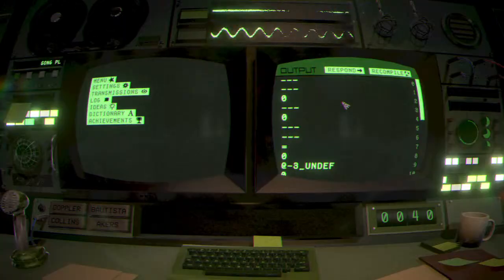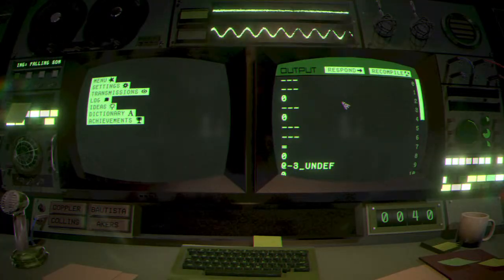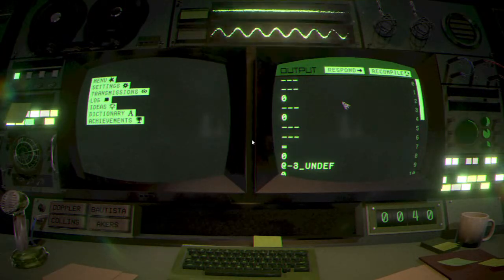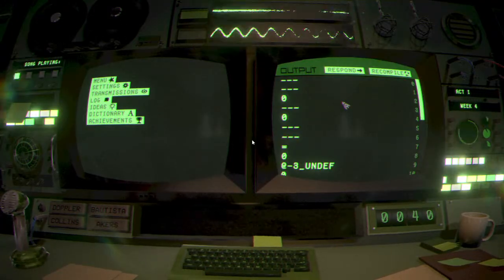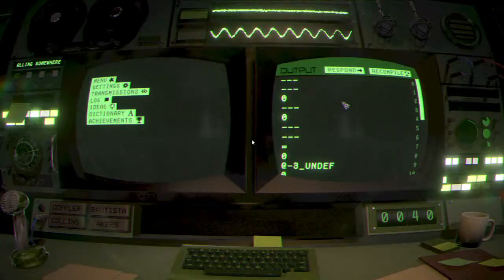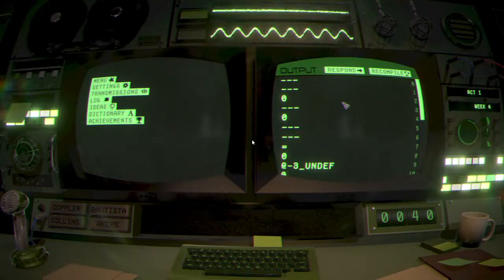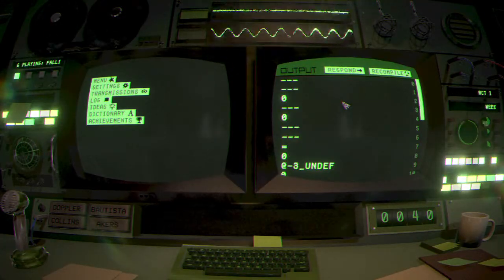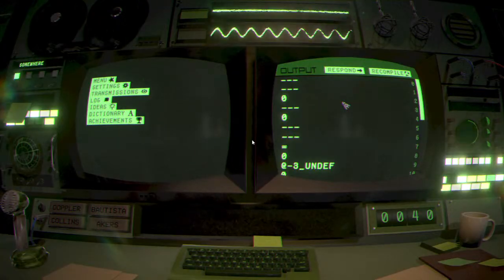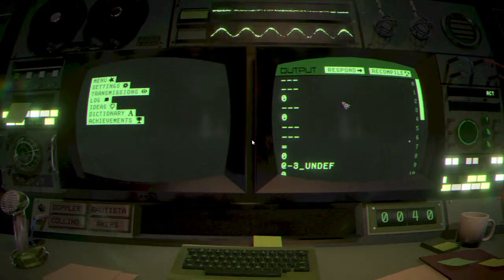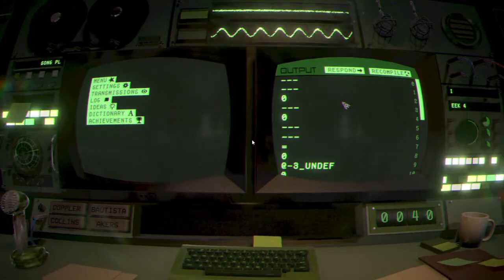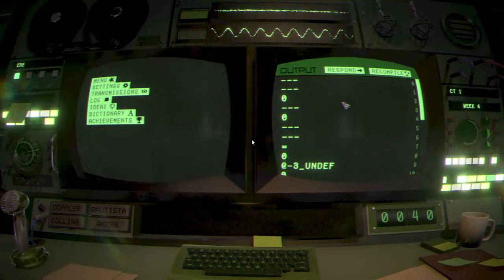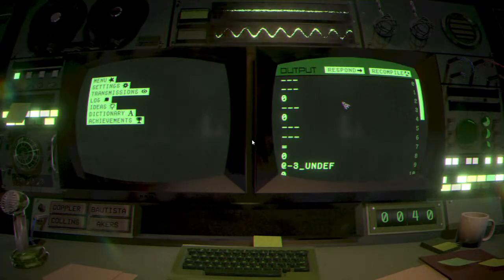In the meantime, I need to plug in my mouse because it's dead. Okay. I have to plug in.